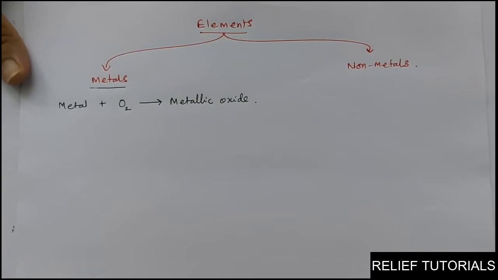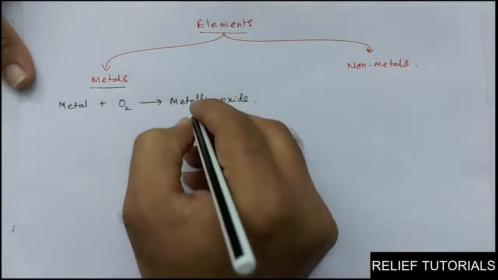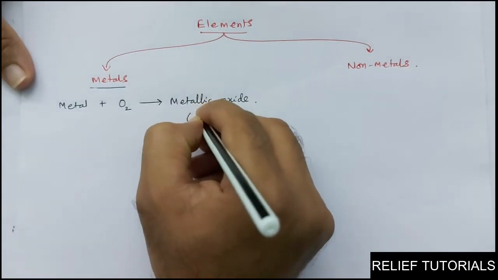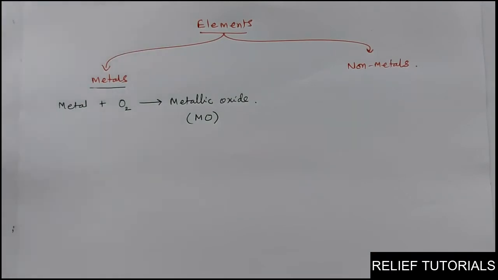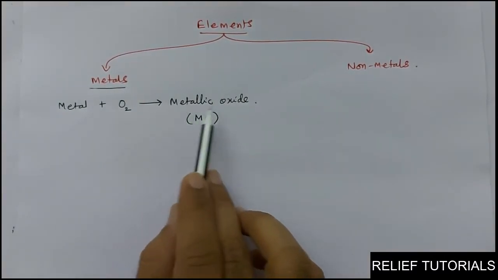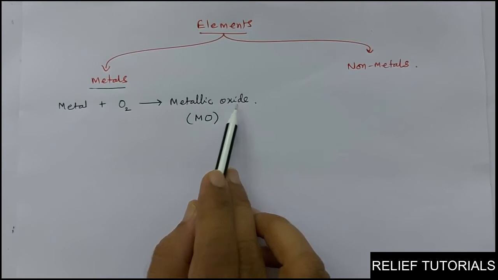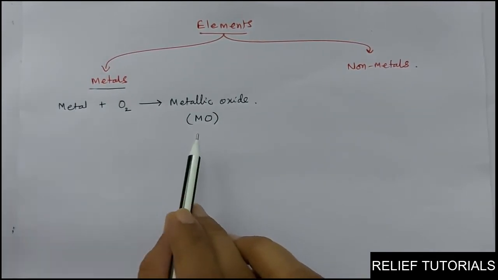We will take such examples. Metallic oxides are normally represented by MO. M for metal, O for oxygen.